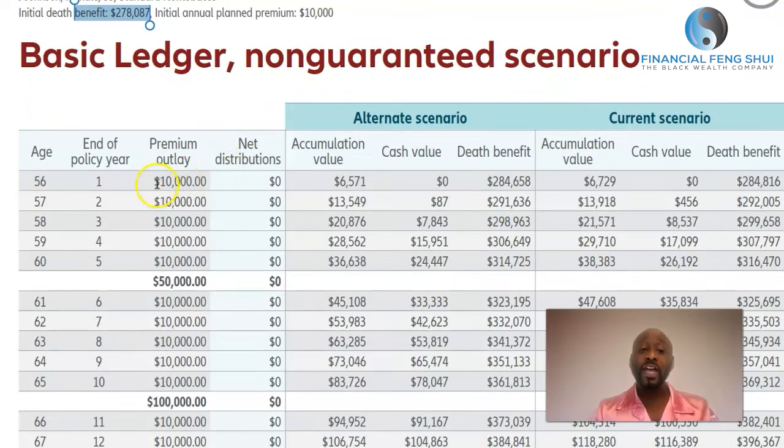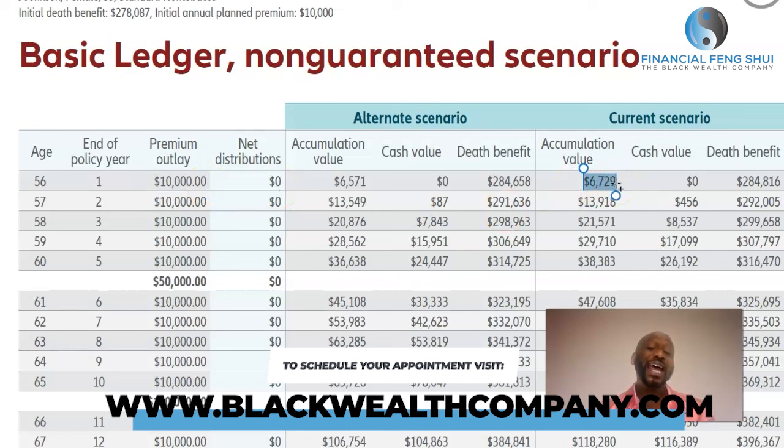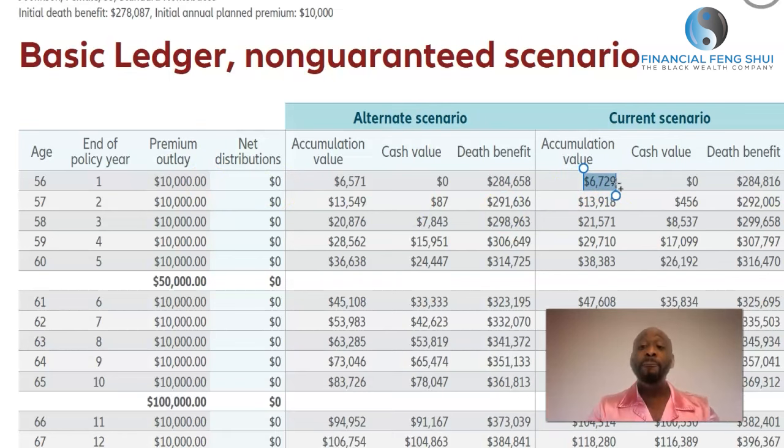We invest $10,000 into the policy. $6,700 of that $10,000 goes into our savings account. The balance, which is about $3,300, goes to the cost of the $278,000 death benefit. You're paying for that death benefit out of the $10,000 premium that you're putting into the policy.